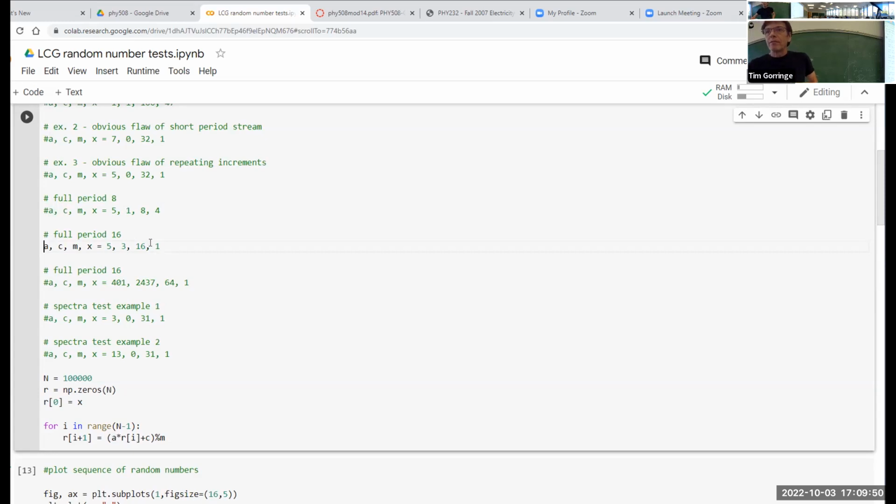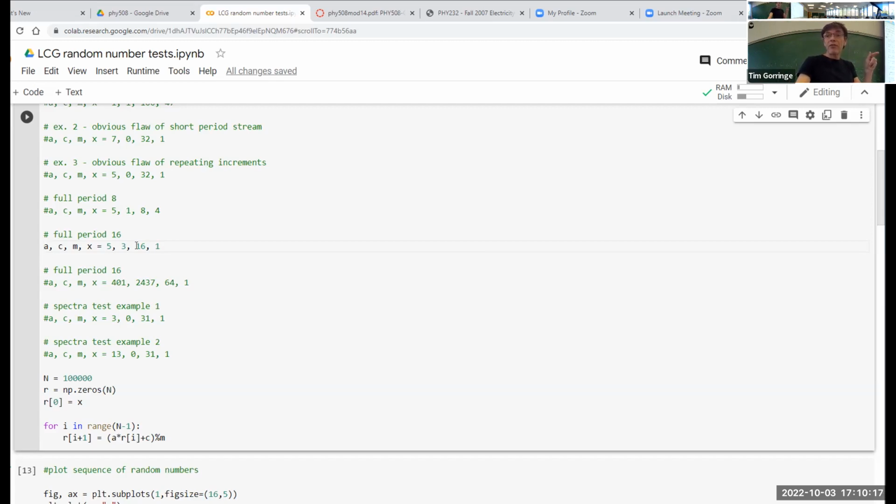So again, I'm going to pick some power of 2 because I'm thinking of computers. So m is 16. So if I want the full period, I want a period of the 16 numbers from 0 to 15. And I've got to choose my m and c such that they are co-primes, so they don't have any common factors, and I've done that.